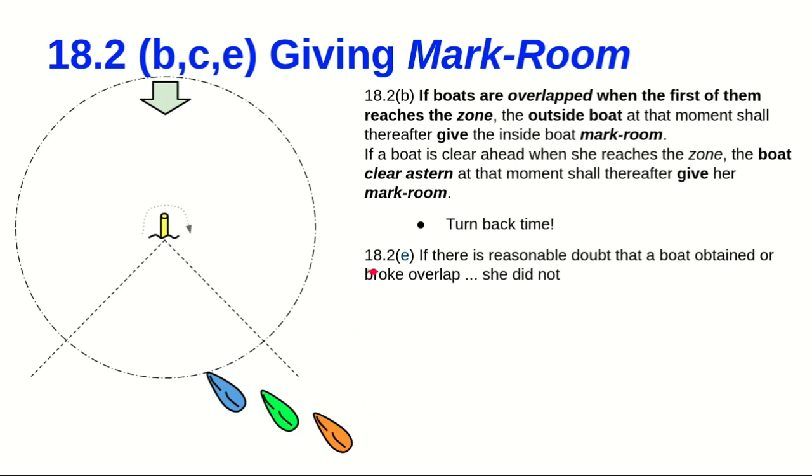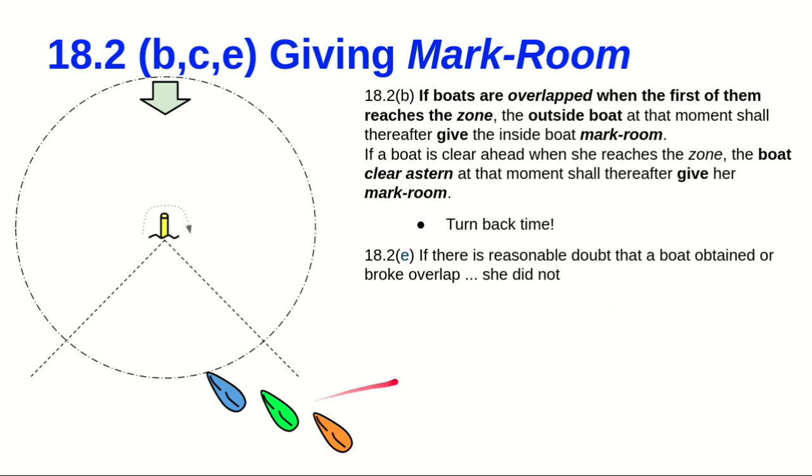So 18.2e says if there is reasonable doubt that a boat obtained or broke an overlap, she did not. So this is the clause we can use to remove any of the doubt that may exist. And the way it works, it talks about breaking or obtaining an overlap. So again, we can't just look at a snapshot here, we have to look at the dynamics of what's happening.